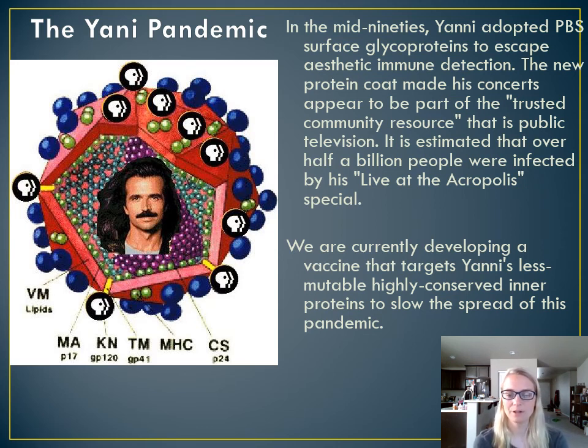We are currently developing a vaccine that targets Yanni's lesser mutable, highly conserved inner proteins to slow the spread of this pandemic. Just kind of a jab at the domination of PBS from Yanni in the mid-90s. So these are his PBS surface proteins, and they're trying to find a vaccine to maybe target some of these other glycoproteins. Right? Kind of funny.